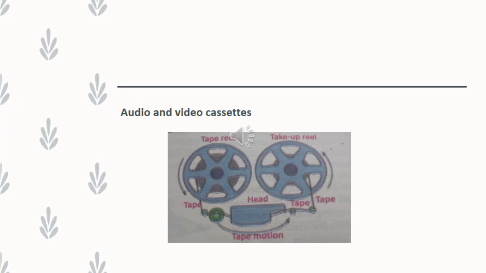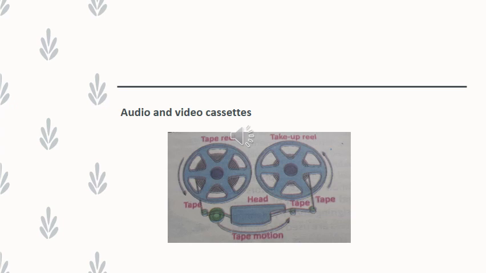Now what happens? Microphone firstly changes the sound waves into electrical pulses which are amplified by an amplifier. Magnetic tape moves across the head of the audio cassette recorder, which is in fact an electromagnet as shown in the figure given to you.